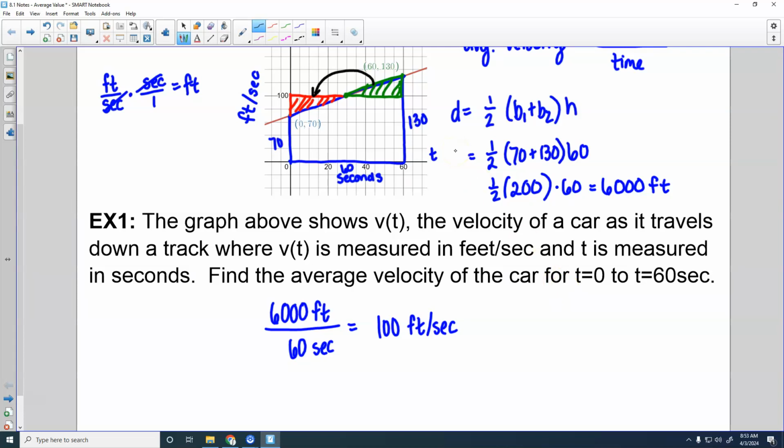Now, I do want to write what we did right there. We integrated v of t from 0 to 60, and then divided it by our difference in time, which was 60 minus 0. We integrated velocity, and then divided it by our time.